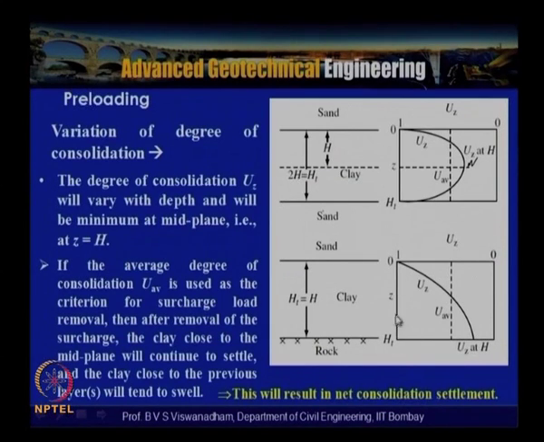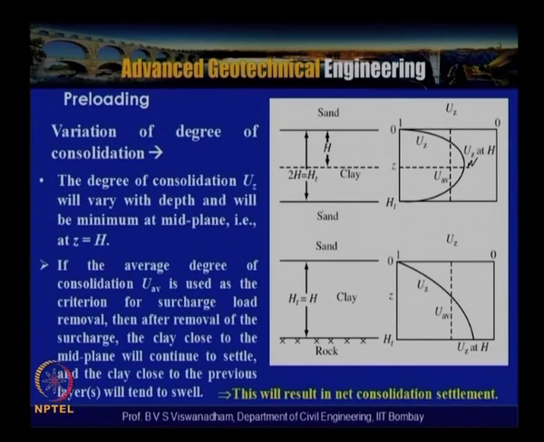In this case HT is equal to H because the water flows in this direction only, since water cannot go through the rock or impervious medium. So in this case this much portion is already dissipated, and this is the mid plane consolidation as Uz at Z is equal to H. So the degree of consolidation Uz will vary with depth and will be minimum at the mid plane, that is at Z is equal to H.